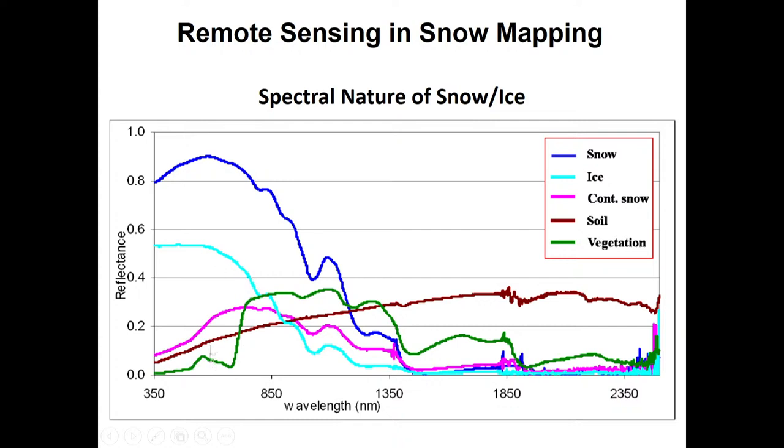You can see how distinct it is. Based on these spectral signatures, we can identify snow or any other feature present on the surface of the earth. This is the spectral response of the snow, this is the spectral response of the ice, and if there is contamination of the fresh snow, then the response will change and it will be like this.